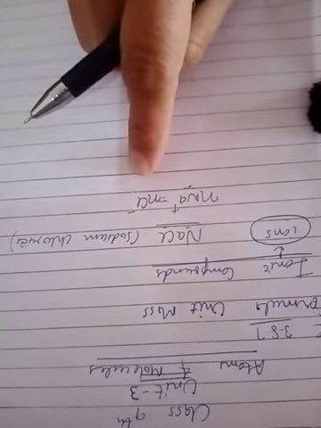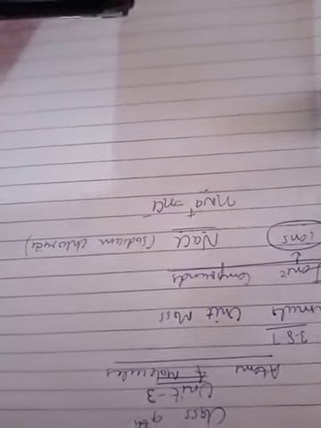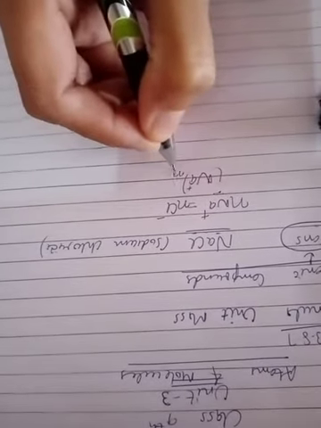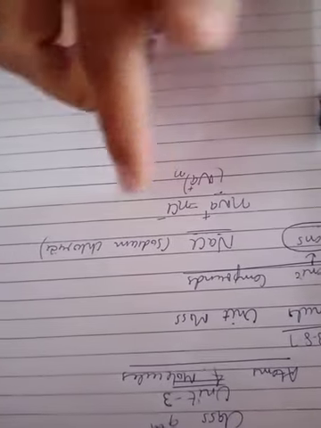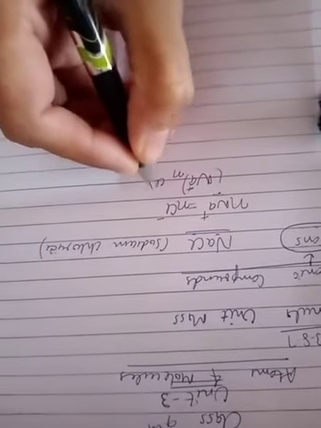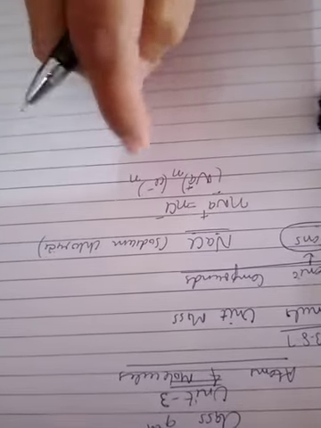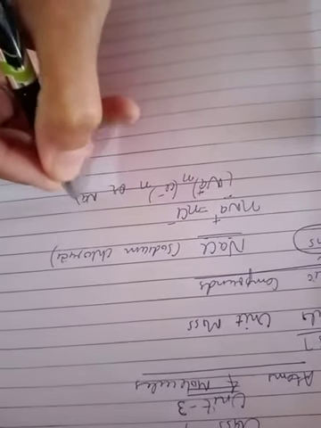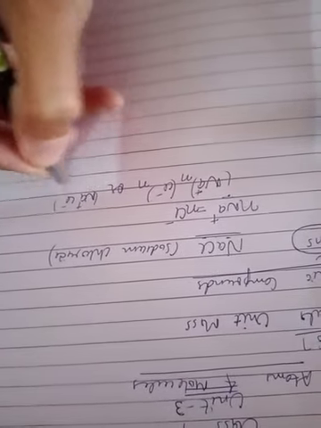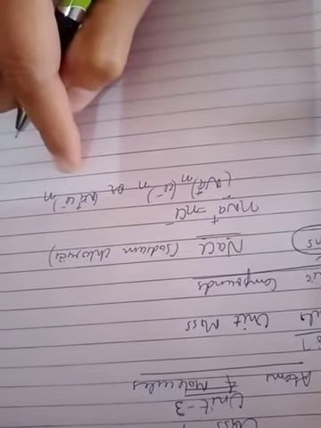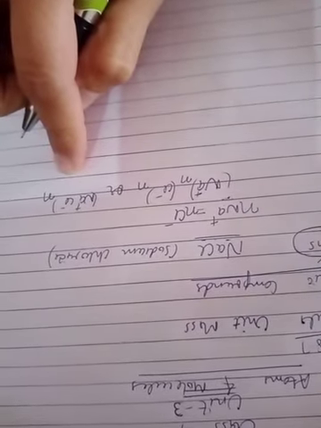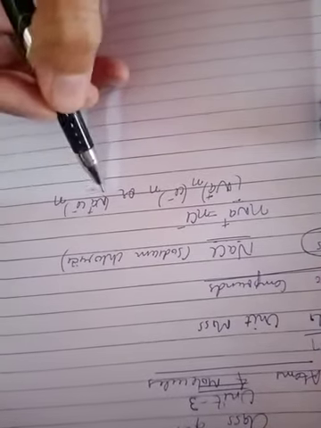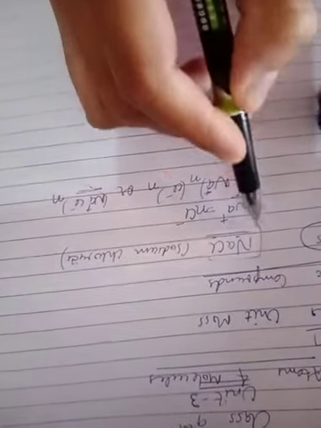So the actual formula of sodium chloride can be written as Na+ n number of sodium ions and Cl- n number of chloride ions, or we can simply write it as Na+Cl- into n, meaning n number of ions are present here. Or simply we can write the simplest formula of this species as NaCl.